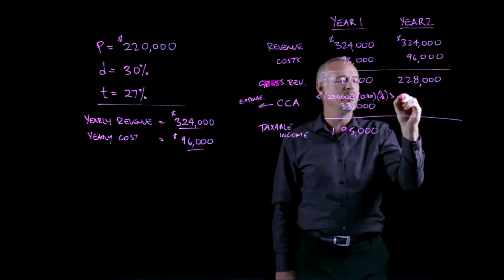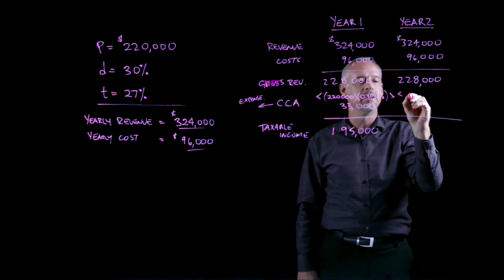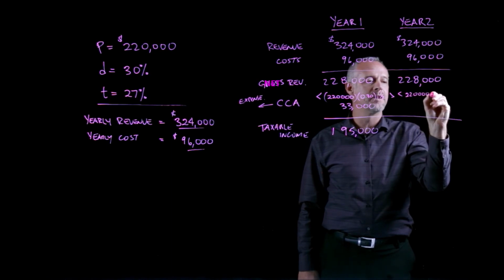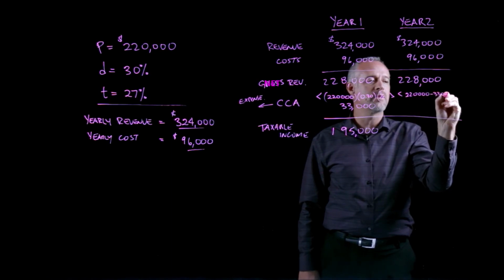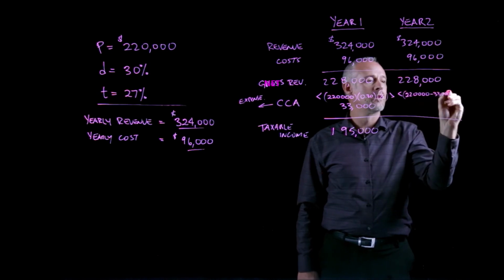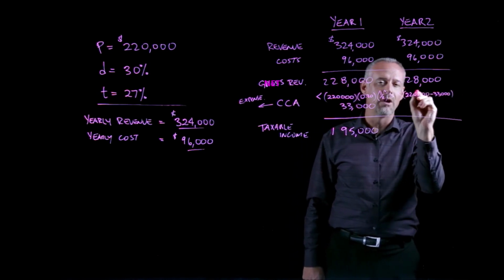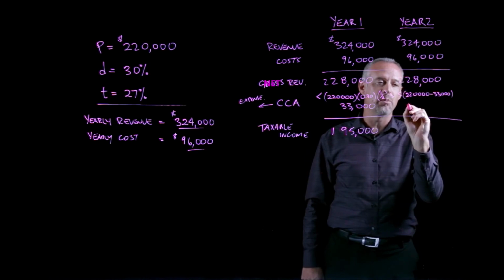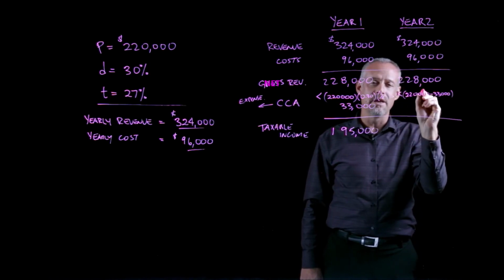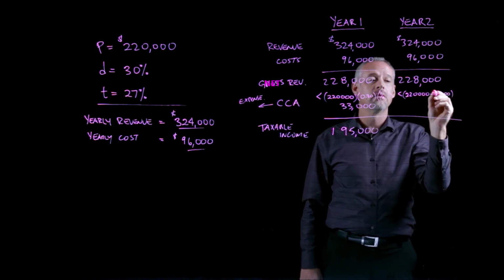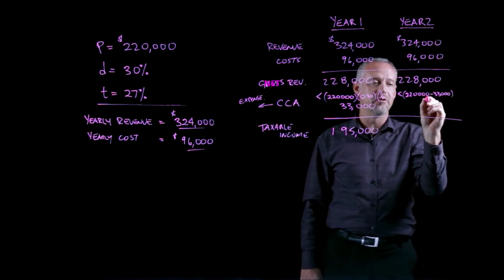So in year two, and again, I'll just write the calculations in small, we have $220,000 minus $33,000, which is what we claimed in year one. So this represents the undepreciated capital cost of the bulldozer at the end of year one, or the beginning undepreciated capital cost at the beginning of year two.